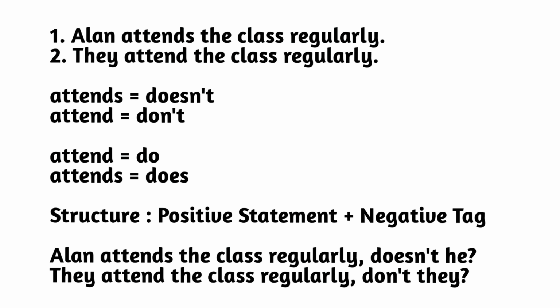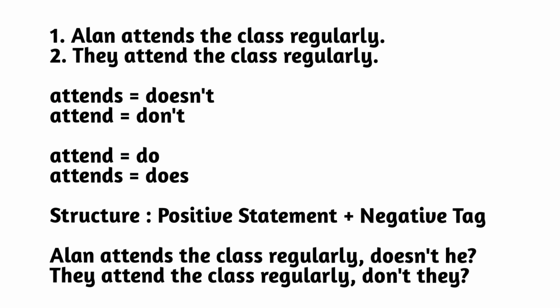Number 2, they attend the class regularly. Here we need to change attends to doesn't, and attend to don't. There is a do verb inside attend. The do verb inside attend is do. The do verb inside attends is does.